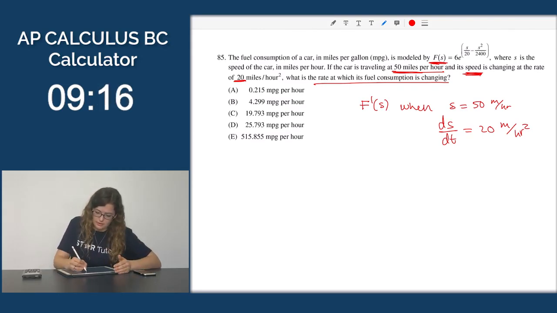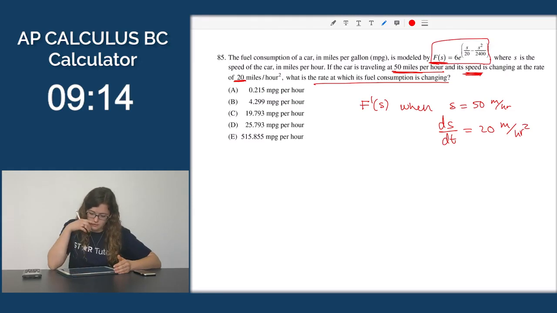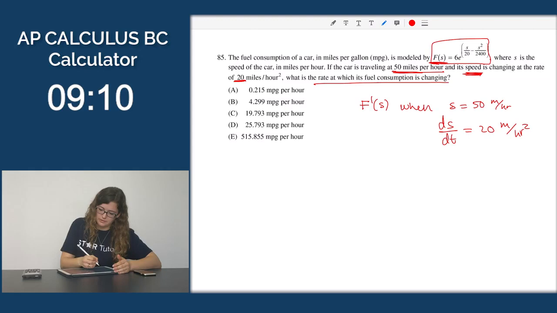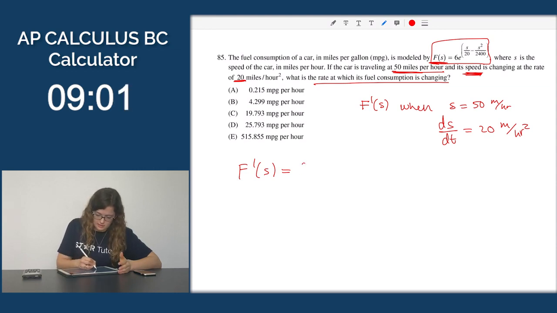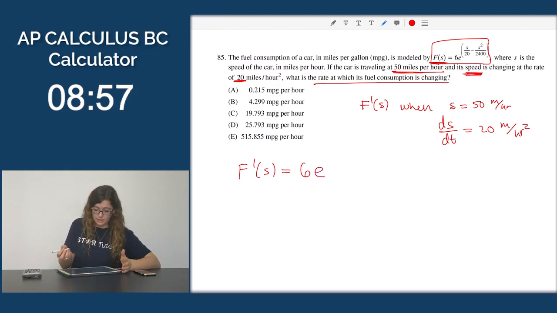So let's take the derivative of this function. It's not going to be super pretty, but it'll be okay. You could do this on your calculator if you wanted to, but I'm just going to do it by hand. So 6 times, when you take the derivative of e, it's just e to the stuff, and then you have to remember chain rule.